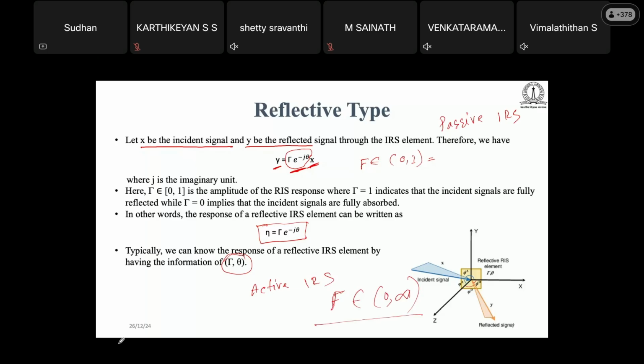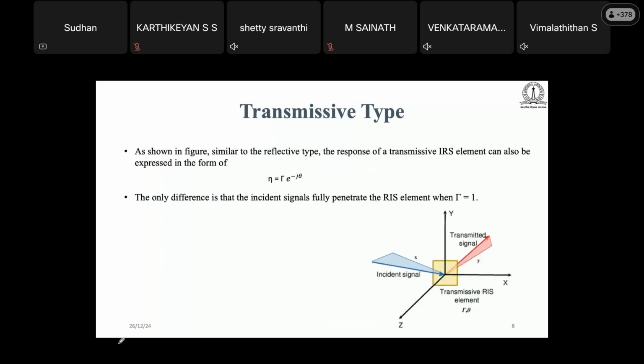Infinity means that a large reflection coefficient can be generated, and there is a lot going on in this active IRS. The other is called the transmissive type. So what is it? Whenever signals impinge on the element, instead of reflection, it is transmitted through the IRS element.